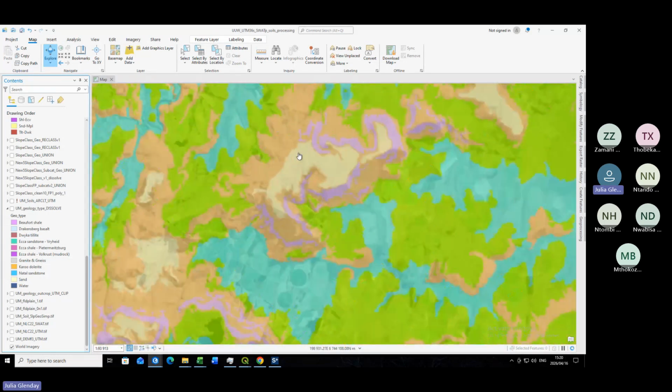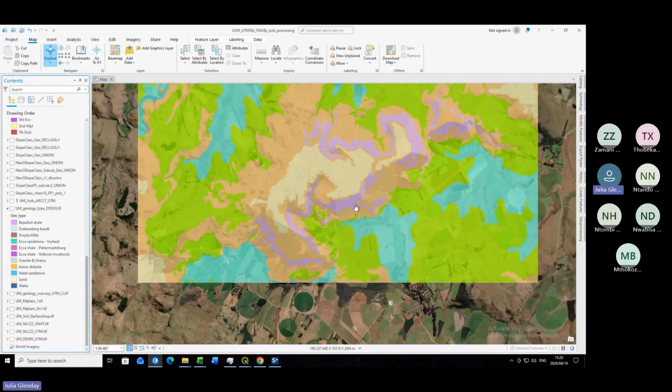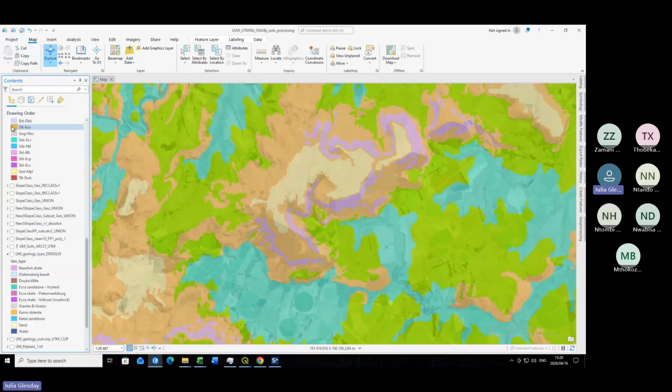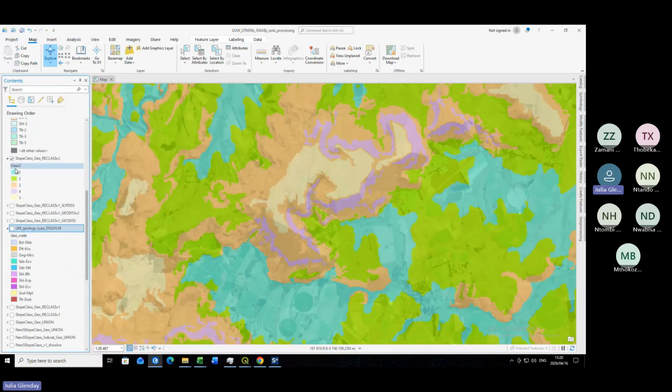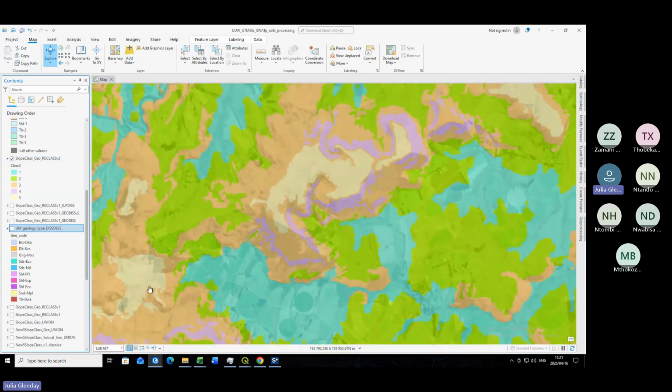So if I zoom in, you can see an upland and then a more riparian zone. And it's nice that you can see it on the ground as well, like these lowland areas that are greener, and you see these drainage lines and more wetlandy areas get captured in the slope mapping.